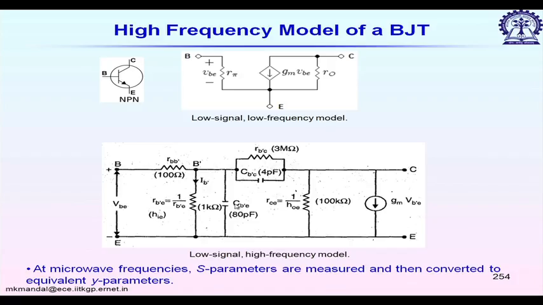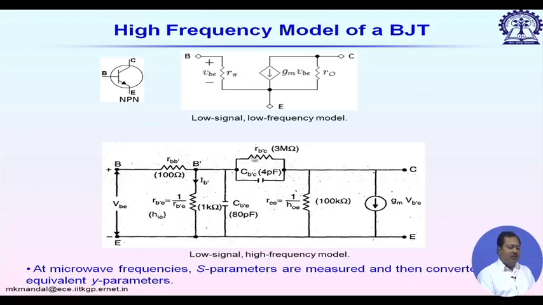So, the modified circuit is shown here. In addition to the previous one, we have introduced two more capacitors. C_BE represents the base emitter forward biased junction capacitor, and C_BC represents the base collector reverse biased PN junction capacitor, and this is the internal model of the BJT.